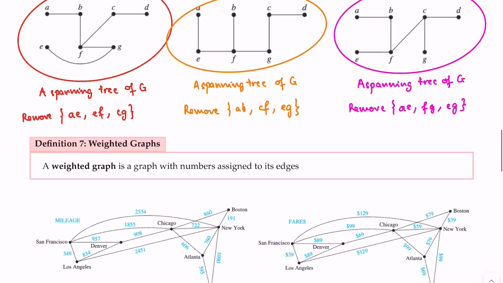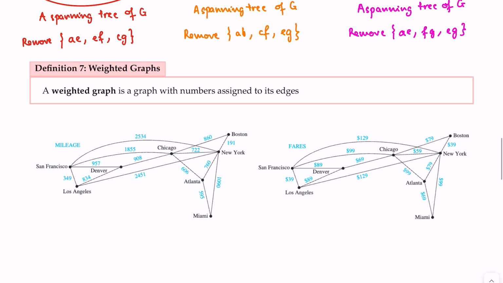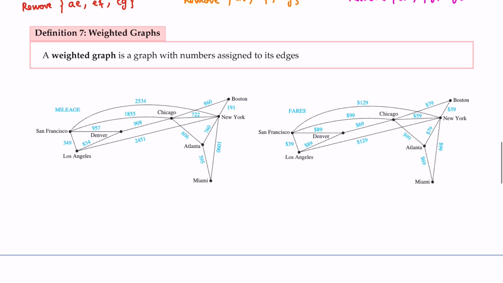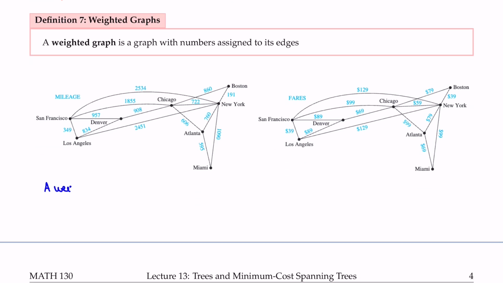The next definition is the weighted graph. A weighted graph is a graph with numbers assigned to its edges. So here I have two different examples of weighted graphs. The first one is a weighted graph showing the distance between cities.